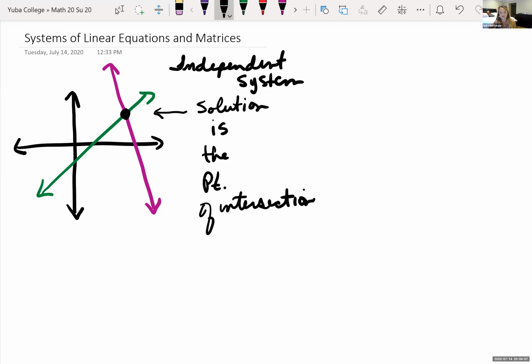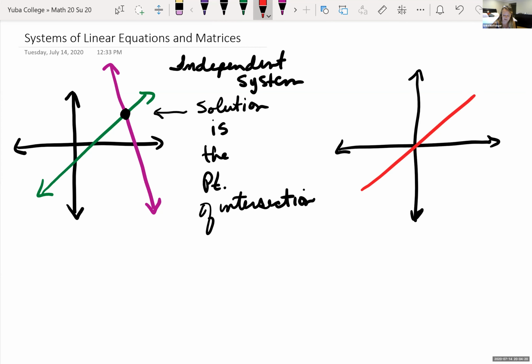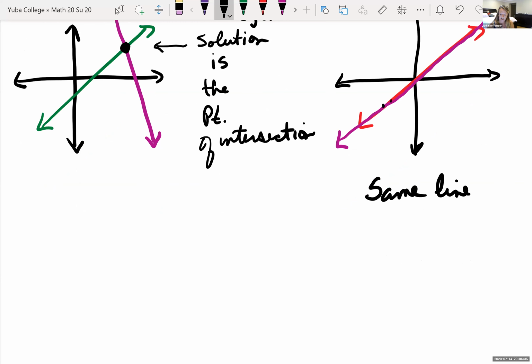Okay, so another possibility, if you went and you graphed your two equations, it is possible that when you graphed them, they actually were the exact same line. So any point that lies on the line is going to be a solution to the system.